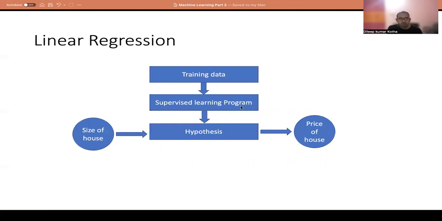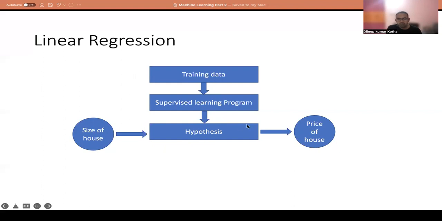So this will be our flow where we feed the training data into our supervised learning program, and this will result in a hypothesis. A hypothesis in the current scenario is nothing but a linear regression. Since we are dealing with linear regression, the hypothesis will always be a straight line.